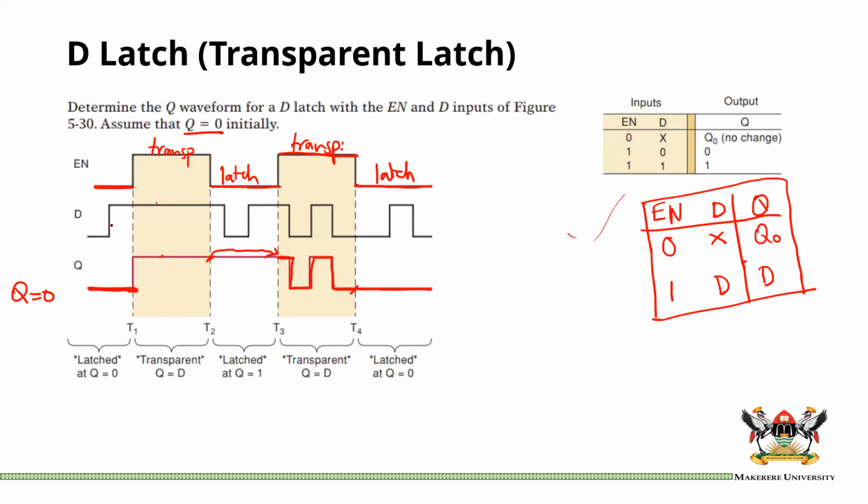For instance, in this case, when enable is 0, we don't care what D is, this thing will remain as is. Even in this case, when enable is 0, we don't really care what D is because we already know that the output will remain 1. It's a no change. So you can see the input is changing, but that doesn't cause any change on the output. So the don't care state will actually be a state. We just don't care about it.